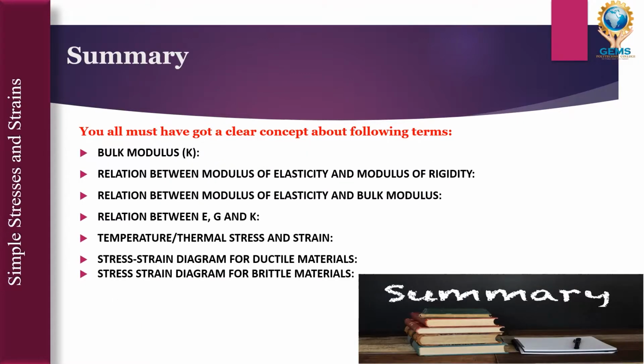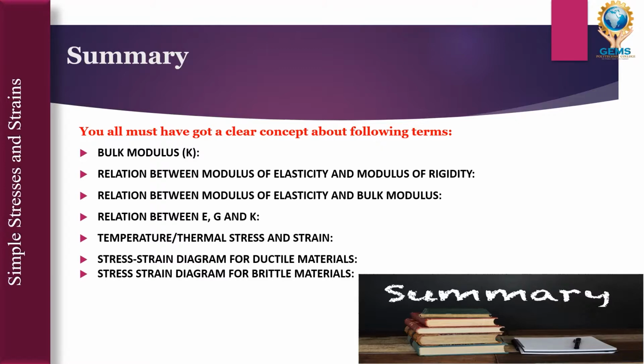Now we will summarize everything, then we will wind up. First one we have seen bulk modulus. Second one we have seen the relation between modulus of elasticity and modulus of rigidity. What is modulus of elasticity? E. And modulus of rigidity? G, C or N. Then we have seen the relation between modulus of elasticity and bulk modulus.